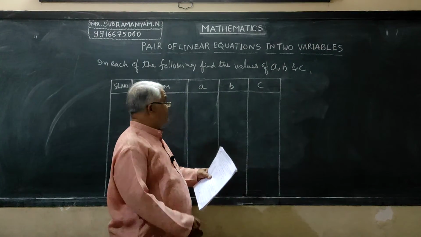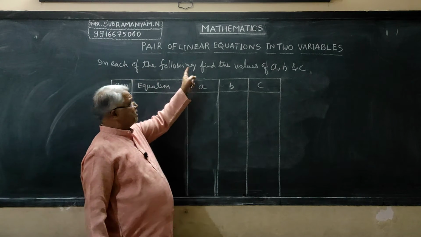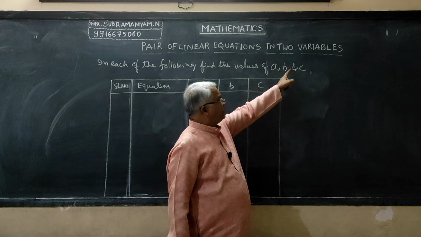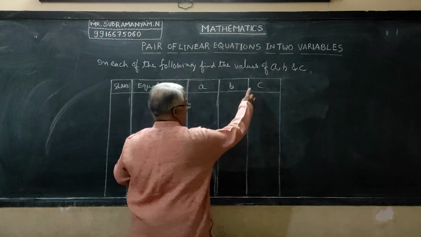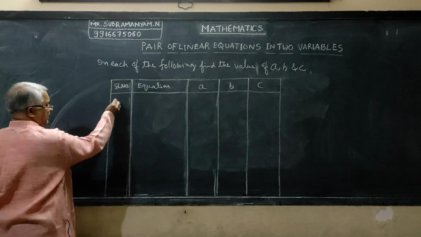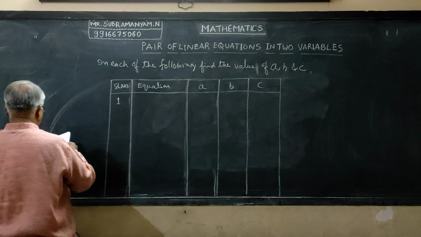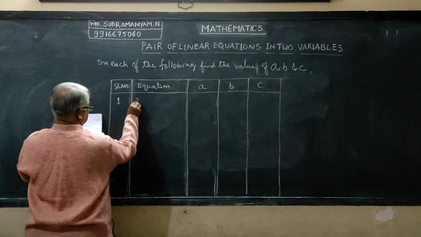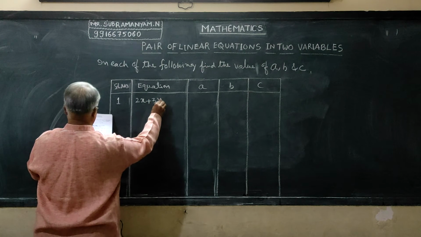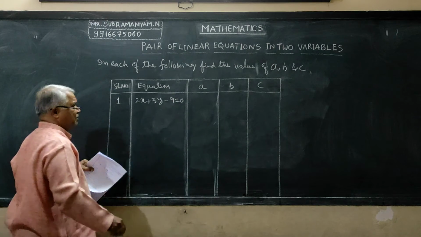Now, let us take this problem. In each of the following, find the values of a, b and c. a value, b value, c value. Now, we will take one equation. First question: 2x plus 3y minus 9 equal to 0.